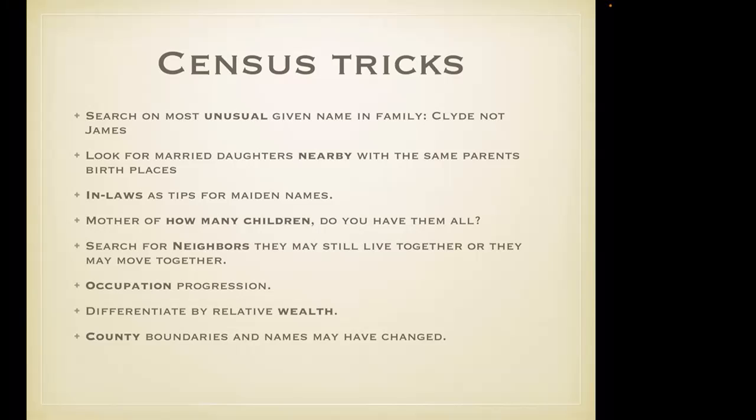Occupation progression is helpful to kind of confirm that you're dealing with the same family. It's not unusual for someone who was a farmer to get another profession later on, or for some things to change.